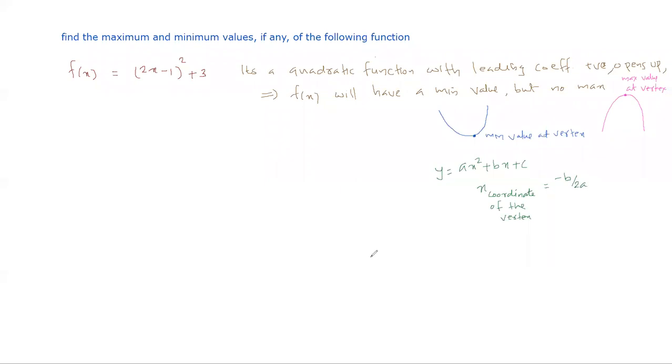So you will get the x coordinate of the vertex. So once you get the x coordinate, while putting that value, you will get the y coordinate. So you will get the value of the function.